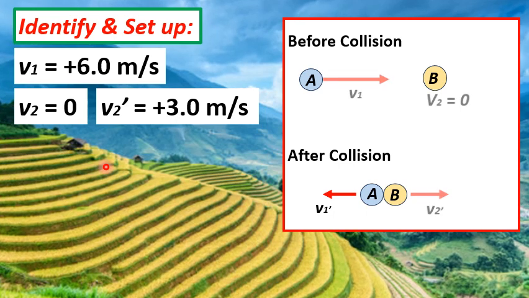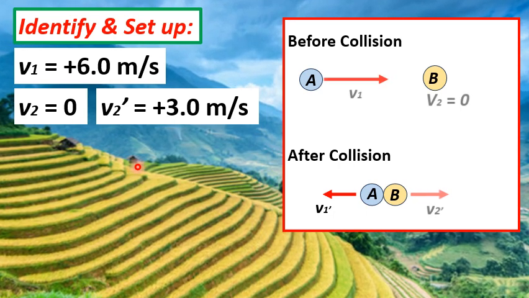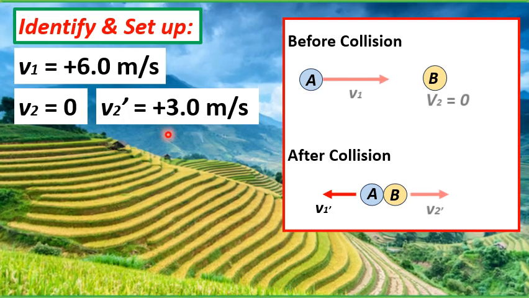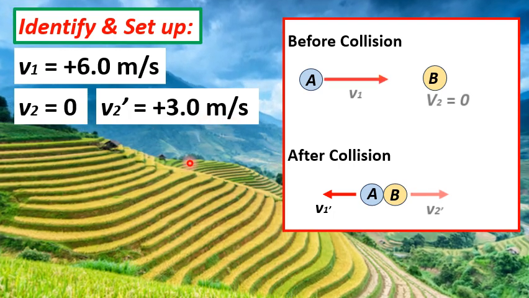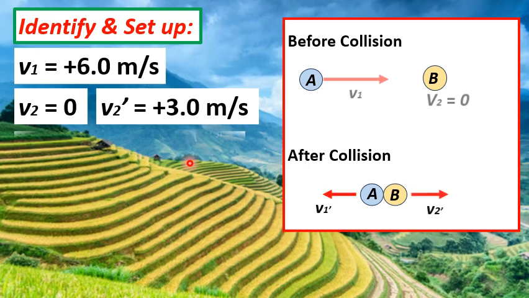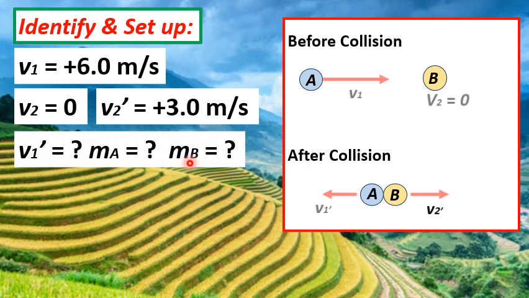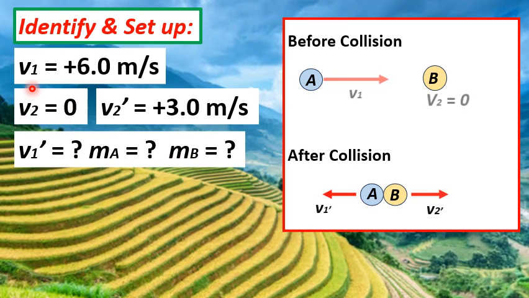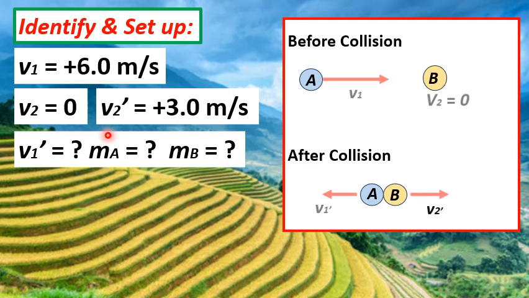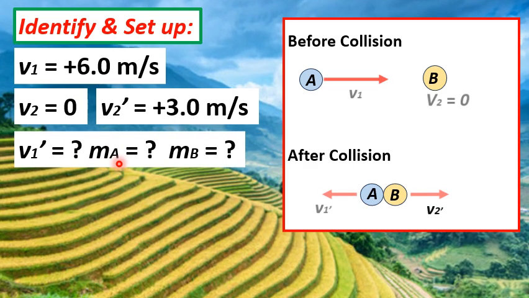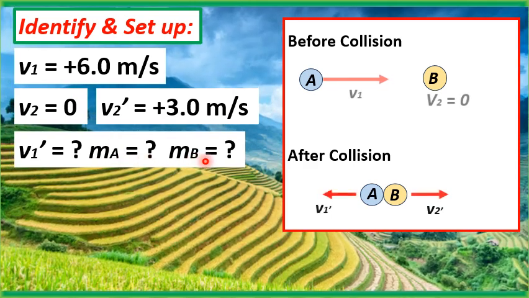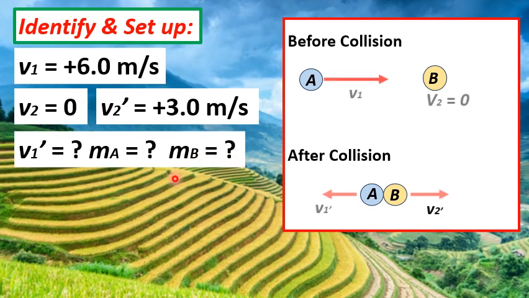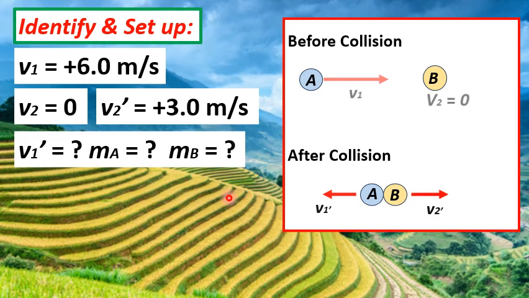Hence, v sub 2 prime, which is the velocity of object B just after the collision, is equal to positive 3.0 meters per second. And our target variables are v sub 1 prime, or the velocity of object A just after the collision, mA, which is the mass of object A, and mB, which is the mass of object B. We are also asked which between the two objects has the greater mass.